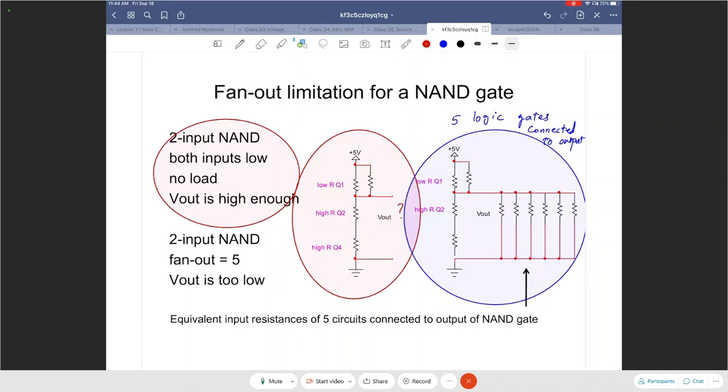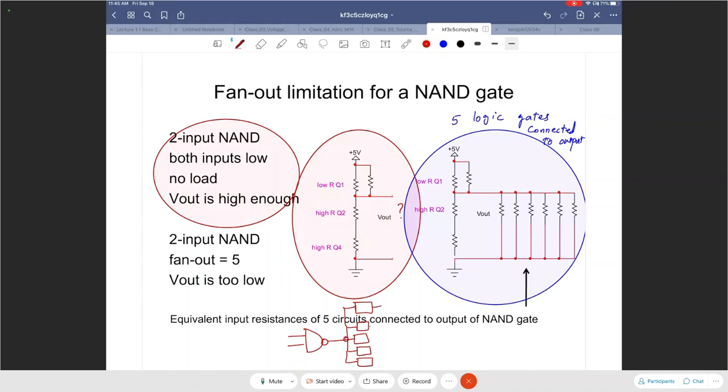But consider the case when you connect 5 logic gates to the output of that 2 input NAND gate. You are connecting 5 things, 1, 2, 3, and so on, 4 and 5. When you connect 5 things to the output of the NAND gate, all of those are going to be in parallel with each other because they are sharing the points.